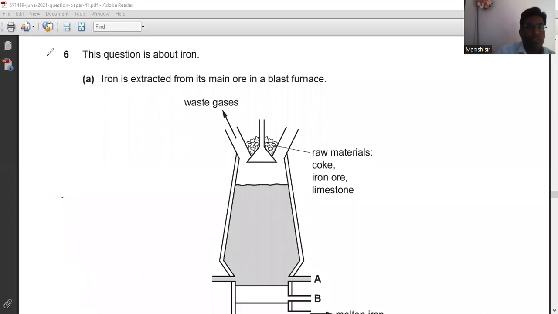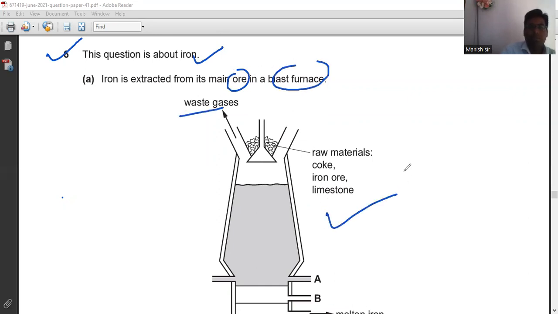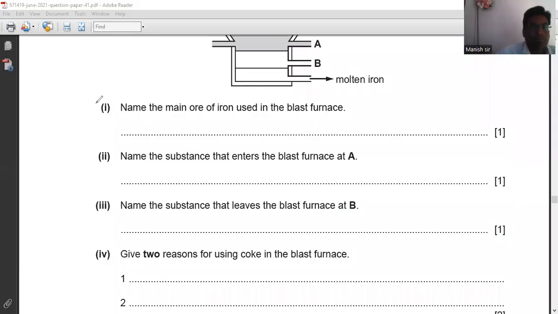So next question is based on iron. Iron is extracted from its main ore in a blast furnace. So this is the setup for extracting the iron, right? The questions will be based on this. So let's see the question. Name the main ore of iron used in the blast furnace.